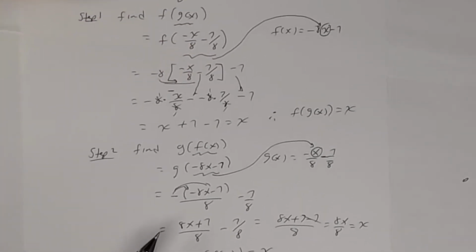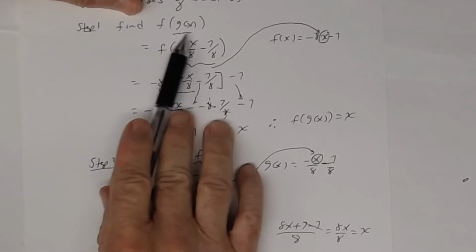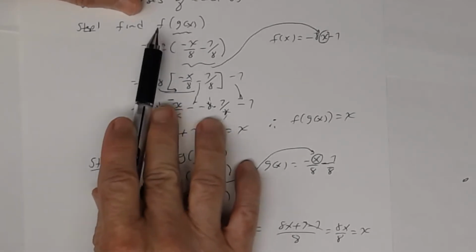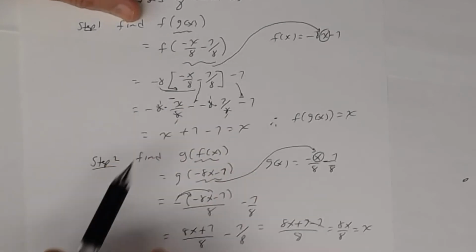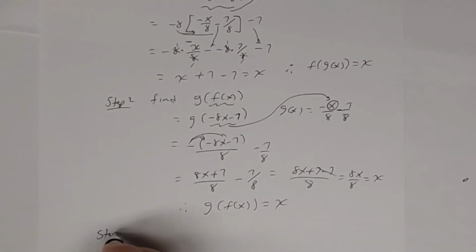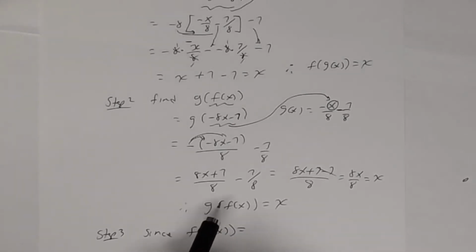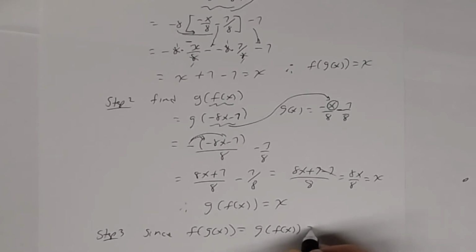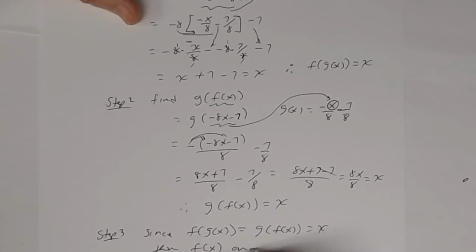Now I can make this statement. Step 3, since f of g of x is the same as g of f of x, which is x, then f of x and g of x are inverses of each other.